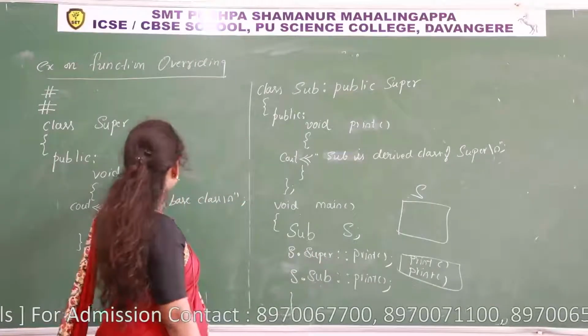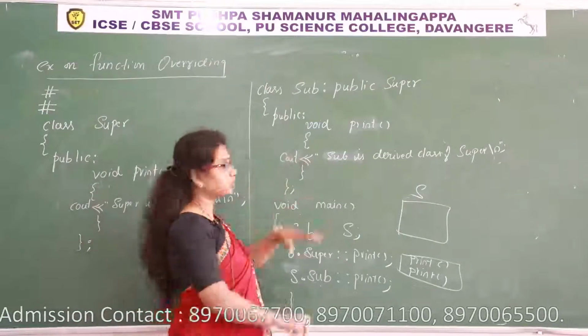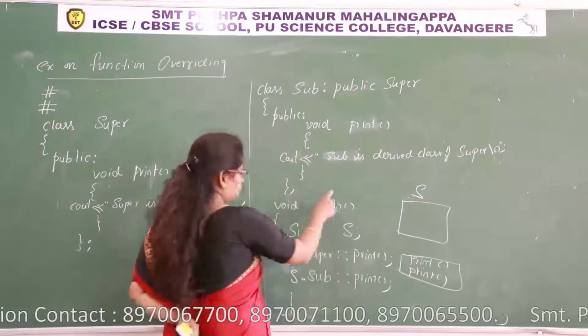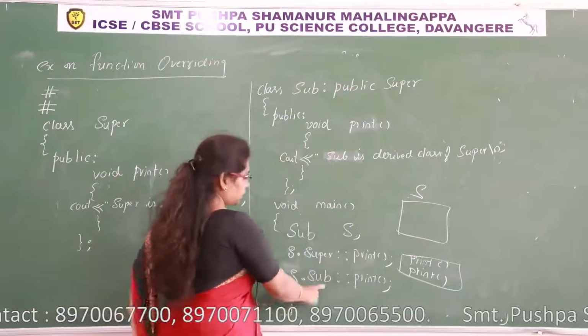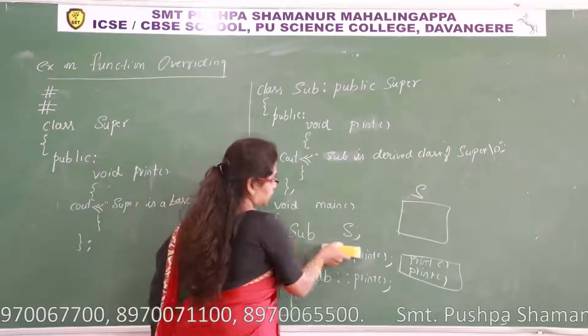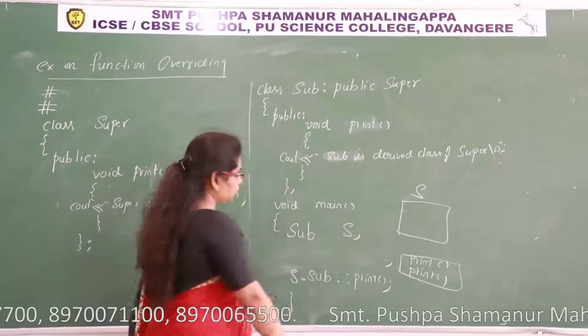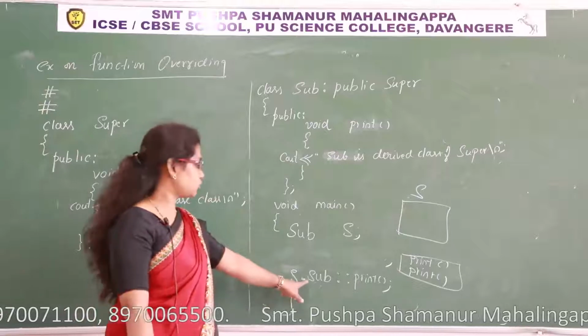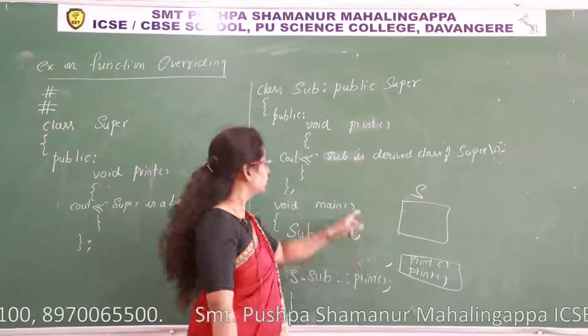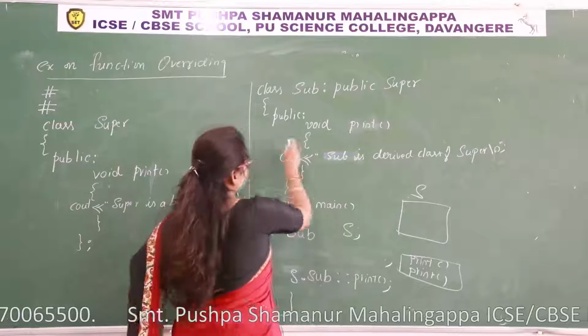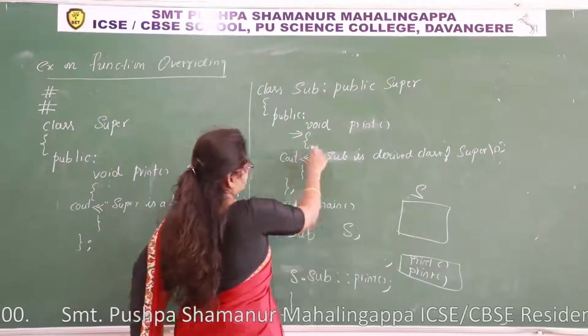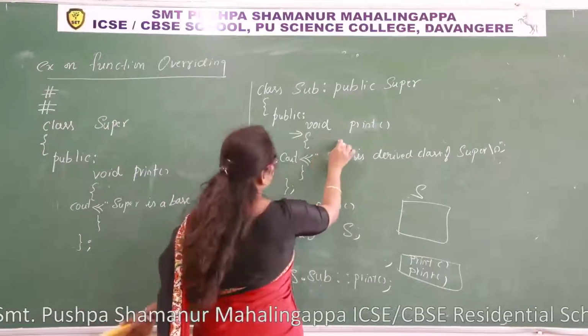Now I want to call the base function from the print function. First I want to call the subclass print function, so I must write yes dot sub scope resolution print. When control enters here, I want to call the other print function.